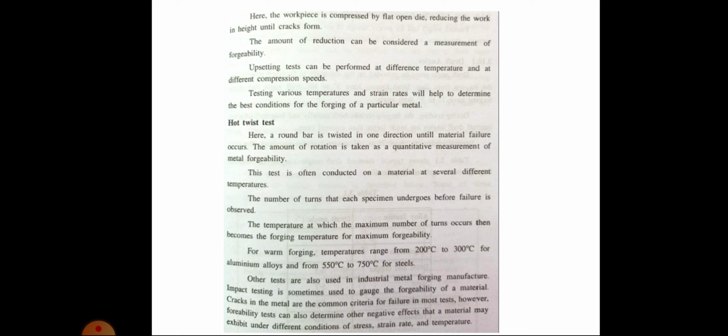The number of turns that each specimen undergoes before failure is observed. The temperature at which maximum number of turns occurs then becomes the forging temperature for maximum forgeability. For warm forging, temperature ranges from 200 degrees centigrade to 300 degrees centigrade for aluminum alloys and from 550 degrees centigrade to 750 degrees centigrade for steels.